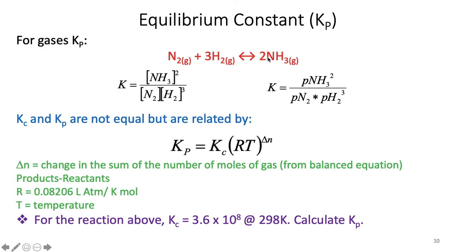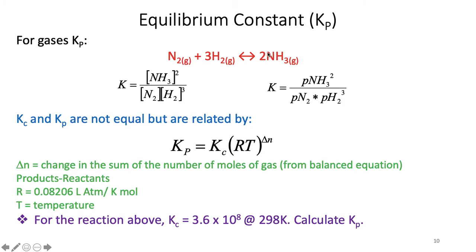Notice that if the number of moles of both sides are equal, delta N is 0, which makes RT raised to the 0 power equal to 1, which means that Kp and Kc are the same. That's the only time they are the same, if there is no change in the total number of moles on either side.